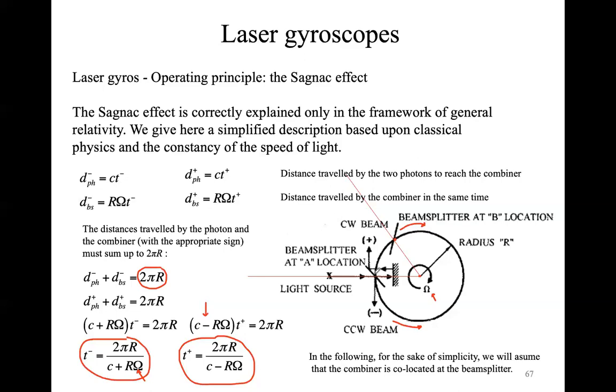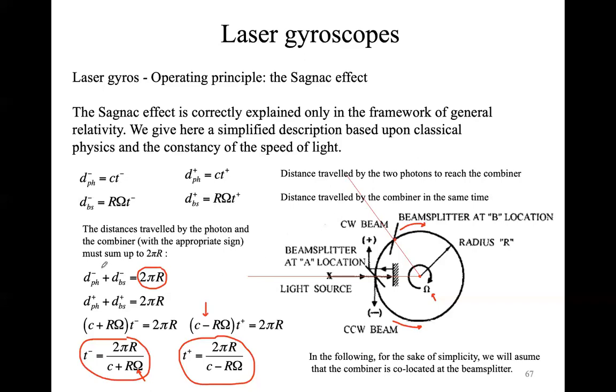The story is different if you have a rotation along the axis of the gyroscope. The axis of the gyroscope is orthogonal to the gyroscope itself. So if you have omega, it is indeed the omega of, for example, your spacecraft. Well, in this case, when the two beams leave the beam splitter, the detector is going to move towards the clockwise direction.